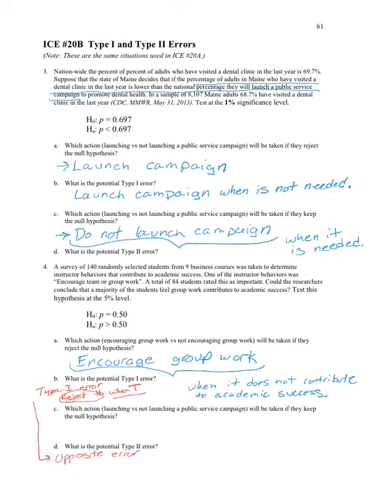And then the type 2 error is the opposite error. So once you have the type 1 error, the type 2 error is easier. So if type 1 is encourage group work when it does not contribute to academic success, then type 2 is to not encourage group work when it does contribute to academic success.